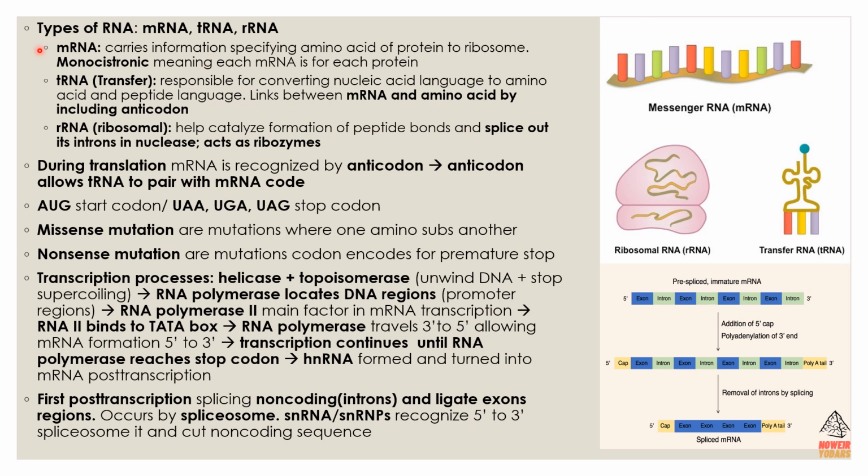There are three types of RNA: mRNA, tRNA, and rRNA. mRNA is called the messenger RNA, and it carries information specifying the amino acids of a protein to the ribosome. The mRNA is a long chain such as we see here, and it has sequences, so every three nucleotides is information for an amino acid, and it carries it to the ribosome so it can continue on with the translation process.